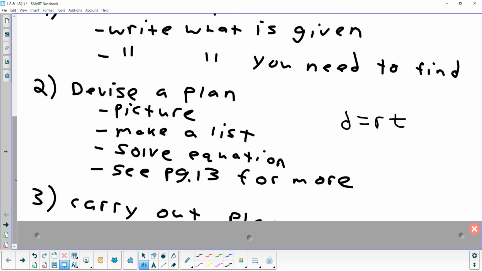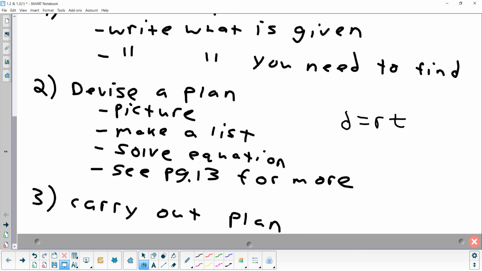And then once we decide on how we're going to solve it, then we go ahead and try that method, see if it works. And sometimes the original method you thought doesn't work. So you've got to go back and try something else. Right? Sometimes that's one of the hardest things, because a lot of times people don't always think of multiple ways to solve a problem.